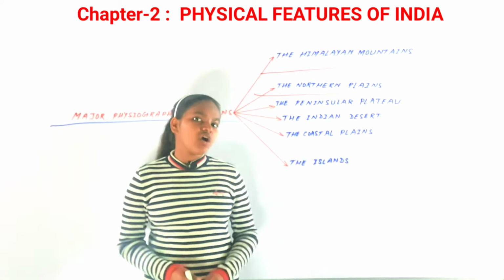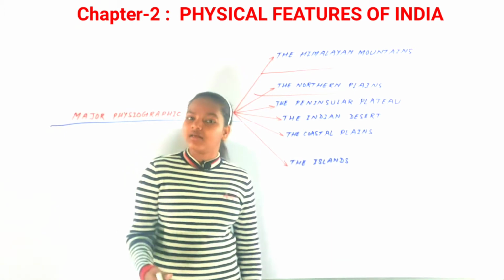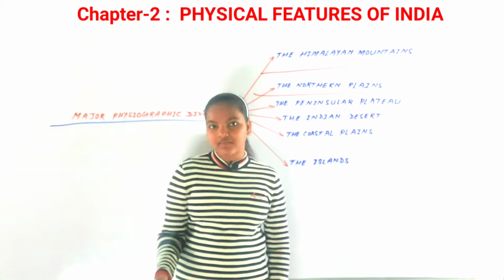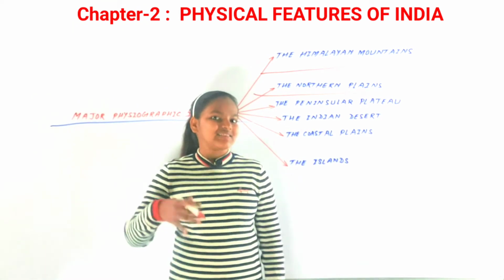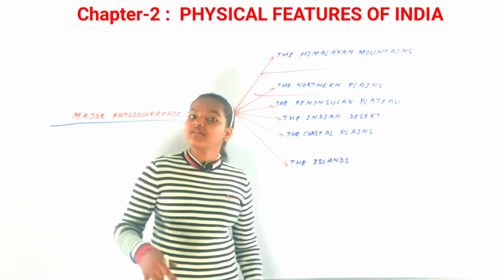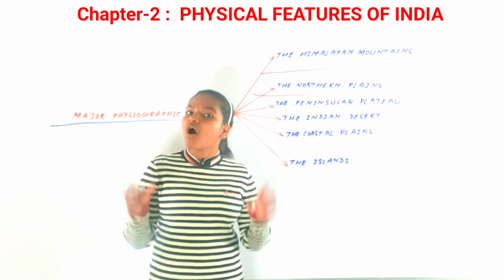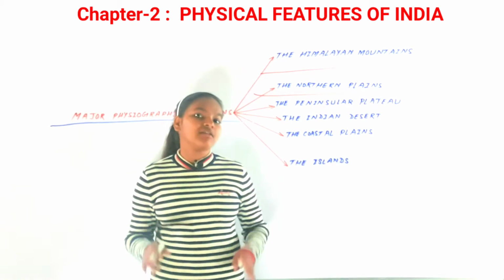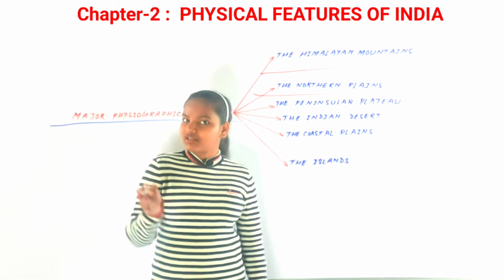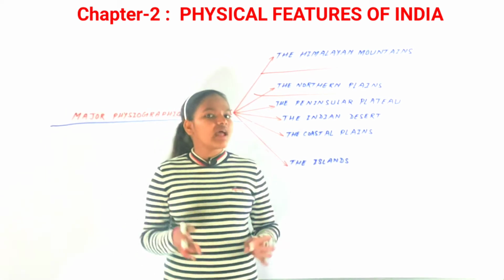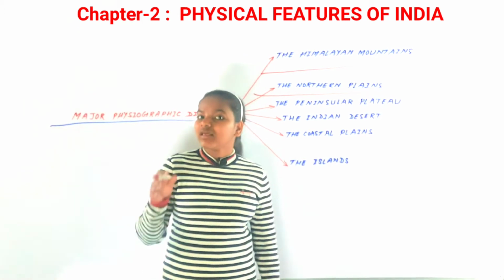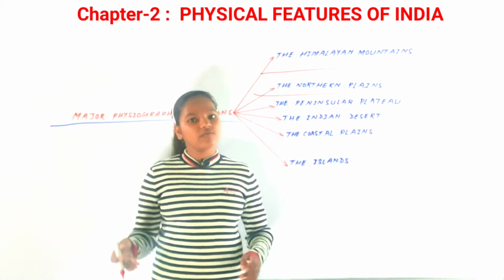The next section of the northern plains is the Ganga Plain. The Ganga Plain is formed by the Ganga River and its tributaries, and it passes through many states: Uttarakhand, then UP, then Bihar, and part of Jharkhand as well, and West Bengal. The Ganga goes through Jharkhand and West Bengal, and after it enters Bangladesh it goes into the Bay of Bengal.